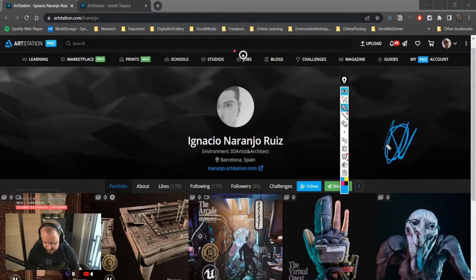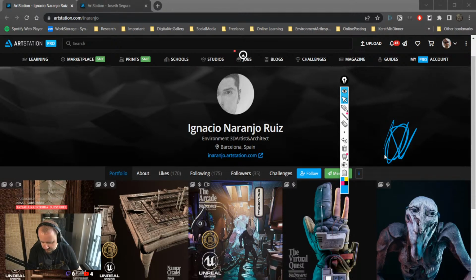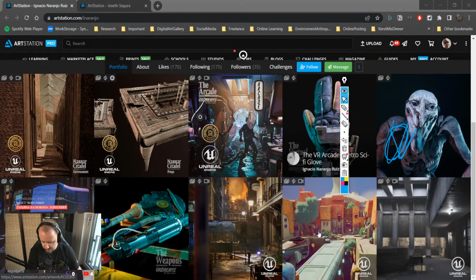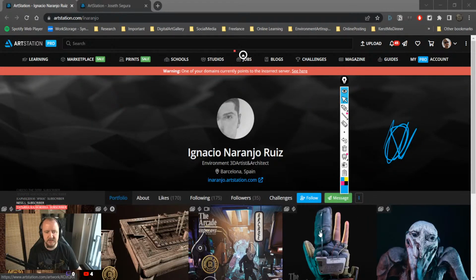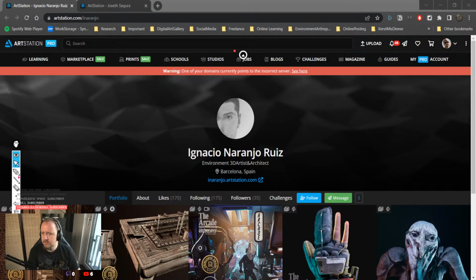But it is nice. I don't really use this function, but you can keep it on your screen as well, which some of the other ones don't allow. So you draw on your screen, and then if you want to move it again, you have to go out of it, and you can't go back to it. Something like that. Can be annoying. Clear it like this. Let me... Because we can move it here instead.